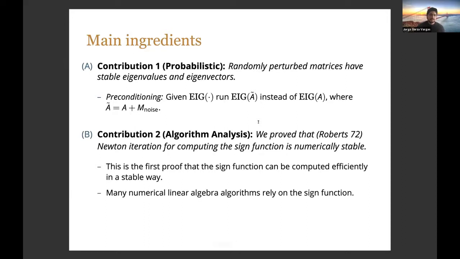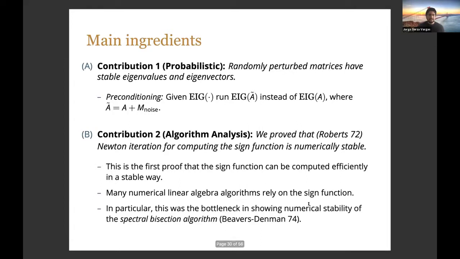Many numerical linear algebra algorithms rely on being able to compute the sign function. In particular, the algorithm for computing eigenvalues and eigenvectors that we analyzed is the spectral bisection algorithm, introduced by Beavers and Denman in '74. It wasn't known if this algorithm was globally convergent and numerically stable. The bottleneck was precisely to show that the sign function can be computed in a stable way efficiently.